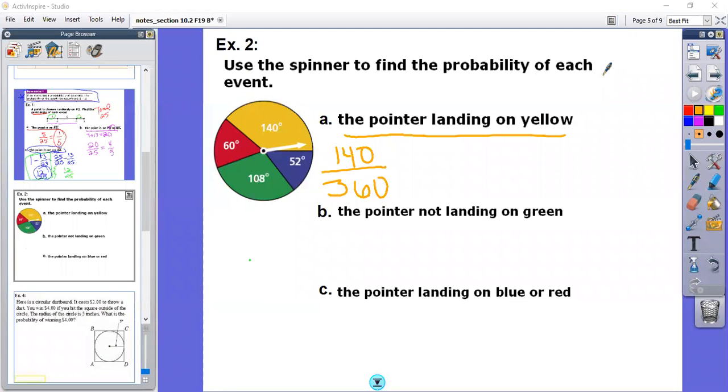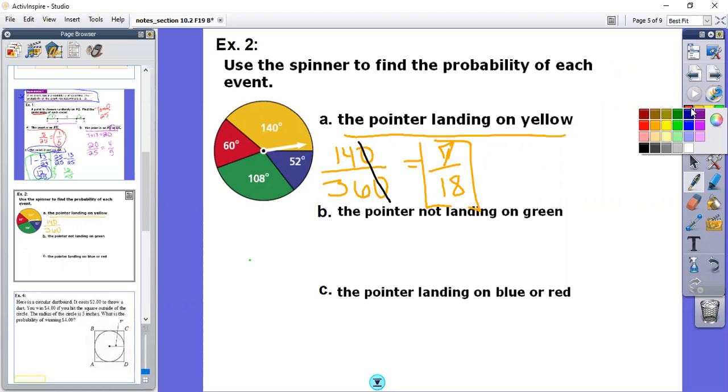Okay, so we are reducing that fraction. Remember that if I have 0 here, you can always think about dividing out 10, and then that should reduce to 7/18. So that will be our final answer for probability.